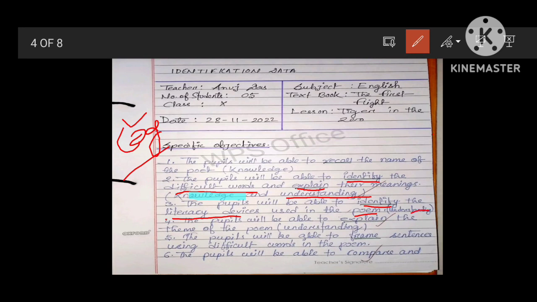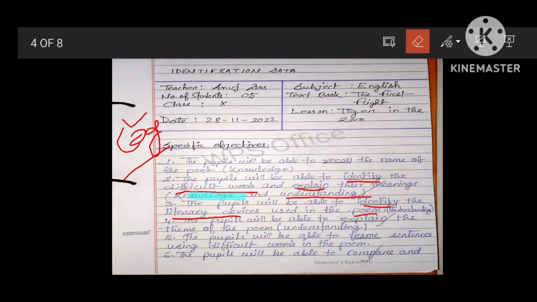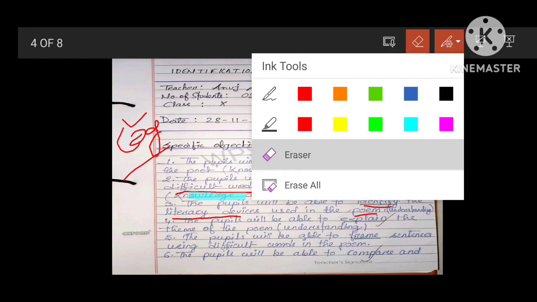So the pupils will identify those terms in the poem, as well as explain, that is understanding. So identification actually comes under the knowledge level.